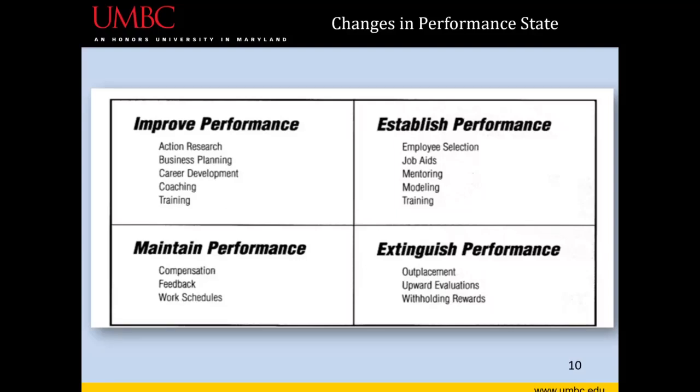Moving on to maintaining performance, an appropriate compensation system could be recommended that is performance-based, or maybe bonuses for a certain level of performance. And finally, if there is a need to extinguish performance, withholding rewards or even quite possibly removing the individual is the right intervention. So you can see that some interventions may be useful in several performance state changes.